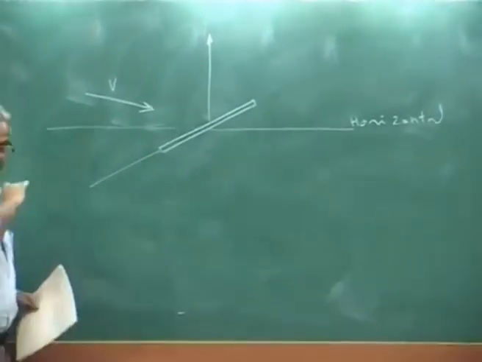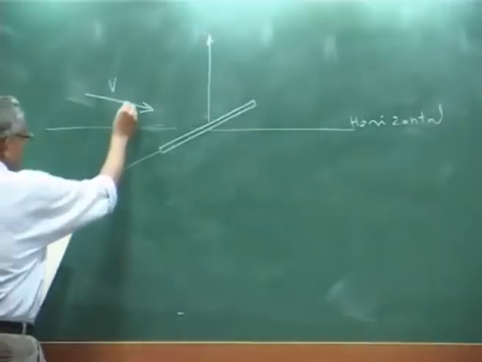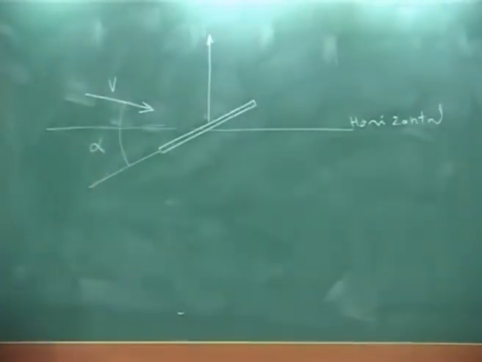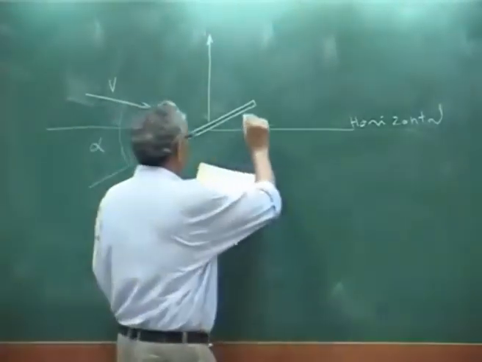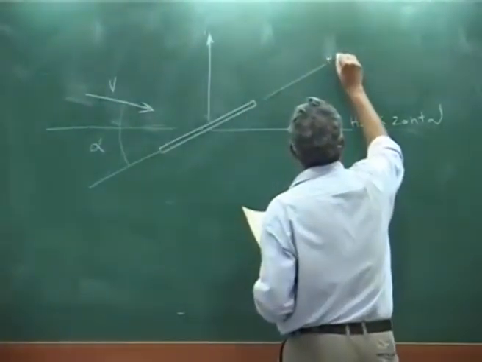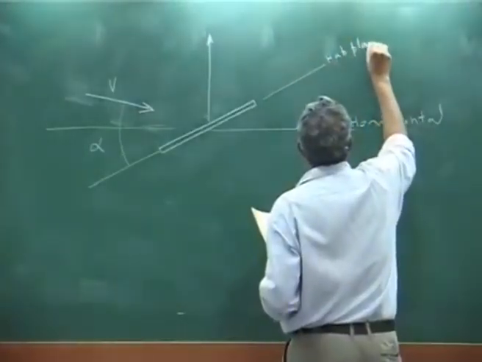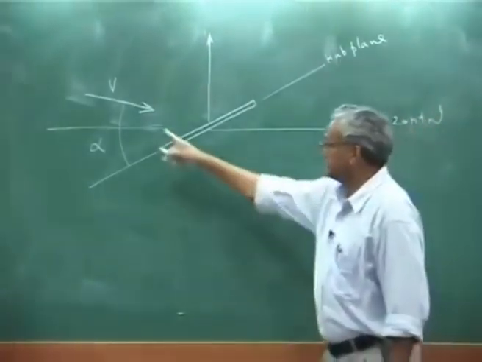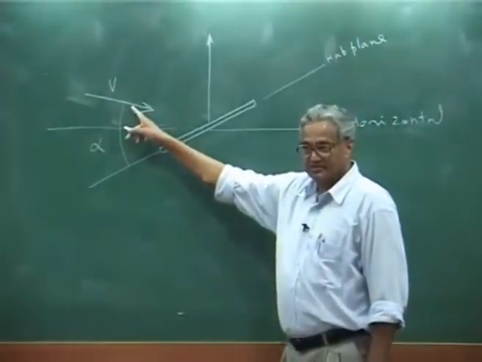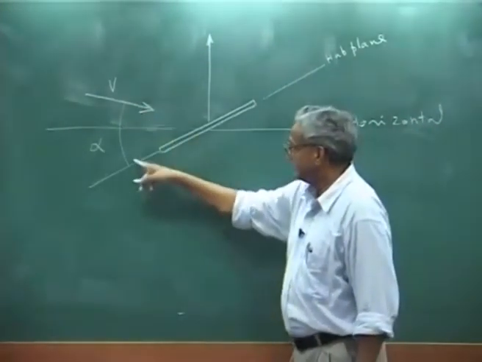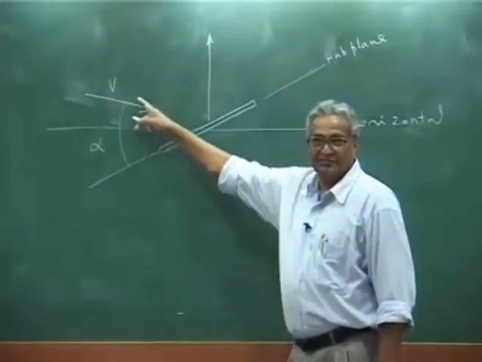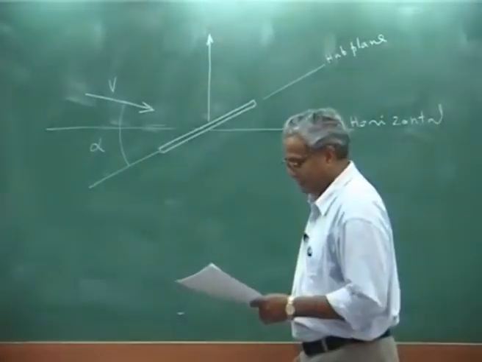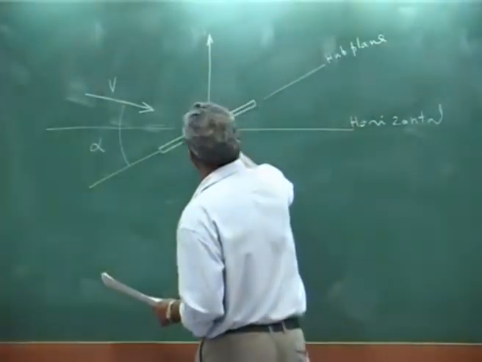This is horizontal, horizon. Now, this angle is alpha, because as per our definition, this is the hub plane. Okay. So, this is my oncoming velocity with respect to the hub plane, V cosine alpha, that is how I define my mu.